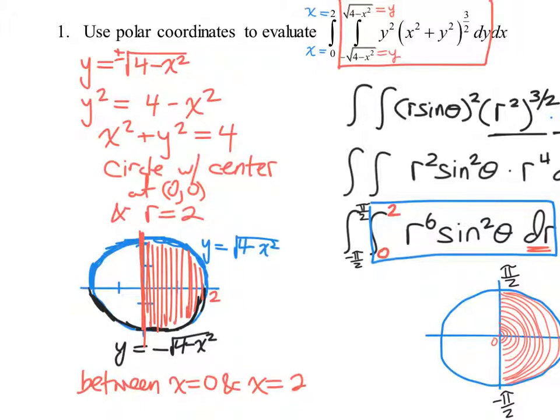You'd have to change your bounds. Your upper function is fine because that's hovering over the base region, but your bounds might be impacted. So if you moved it over 1, you would say from 0 to 3, but then that could impact what your theta values are, because it might not be where you think it is.